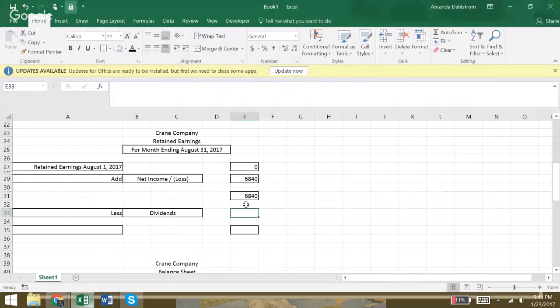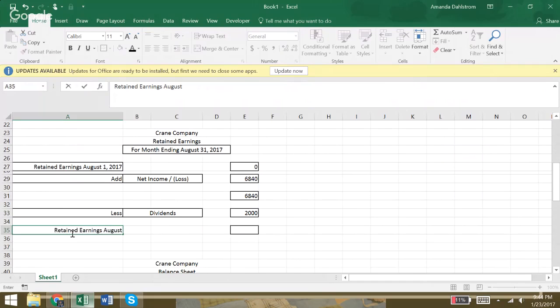Let's go ahead and put that in. So here we can now calculate retained earnings for August 31st, 2017. To calculate that, we take our total retained earnings plus income, and we subtract any dividends we may have paid, which gives us a total of 4,840.